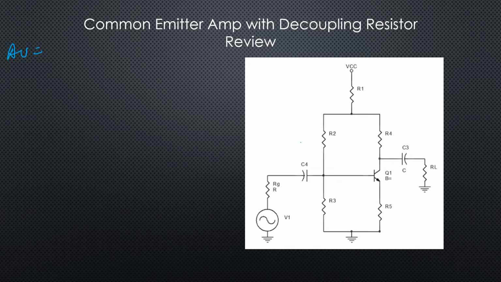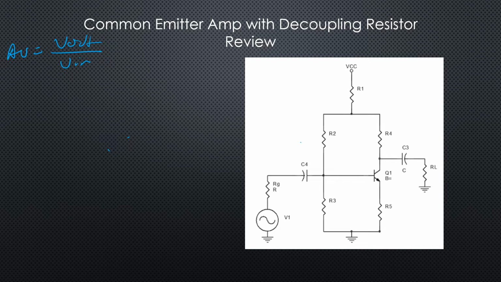For our V out, we're going to have IC times some resistance. Let me clear this. We'll back this up just a little bit. AV is V out over V in.